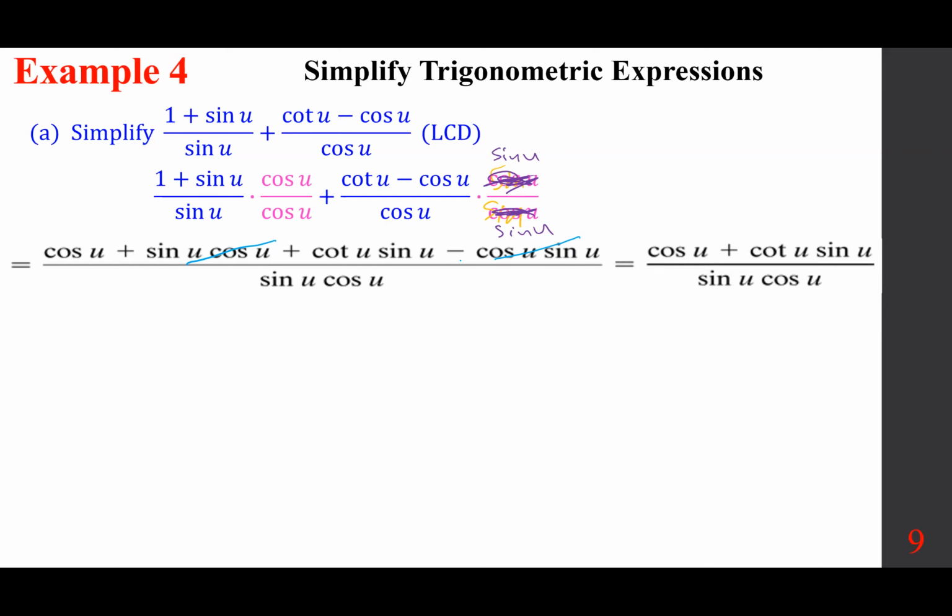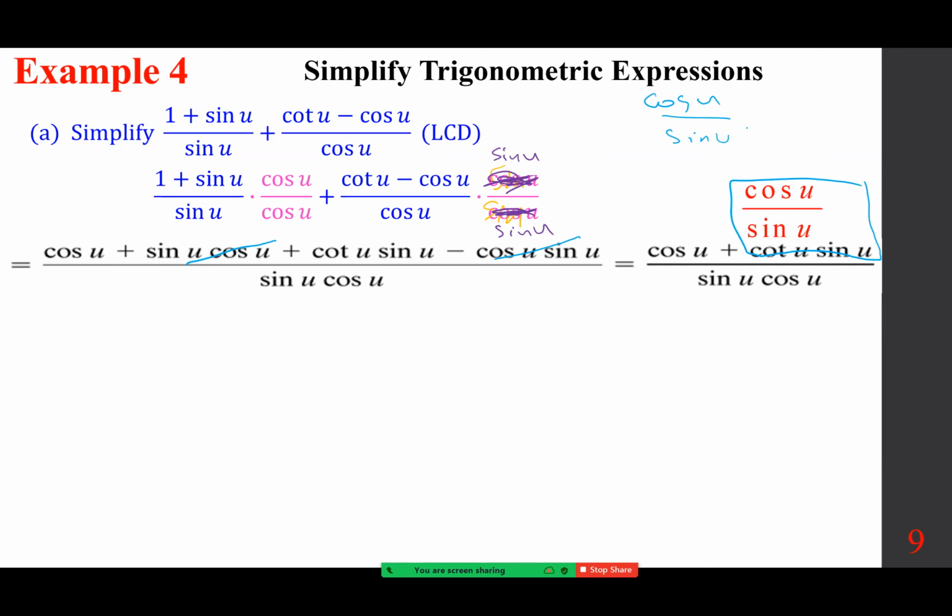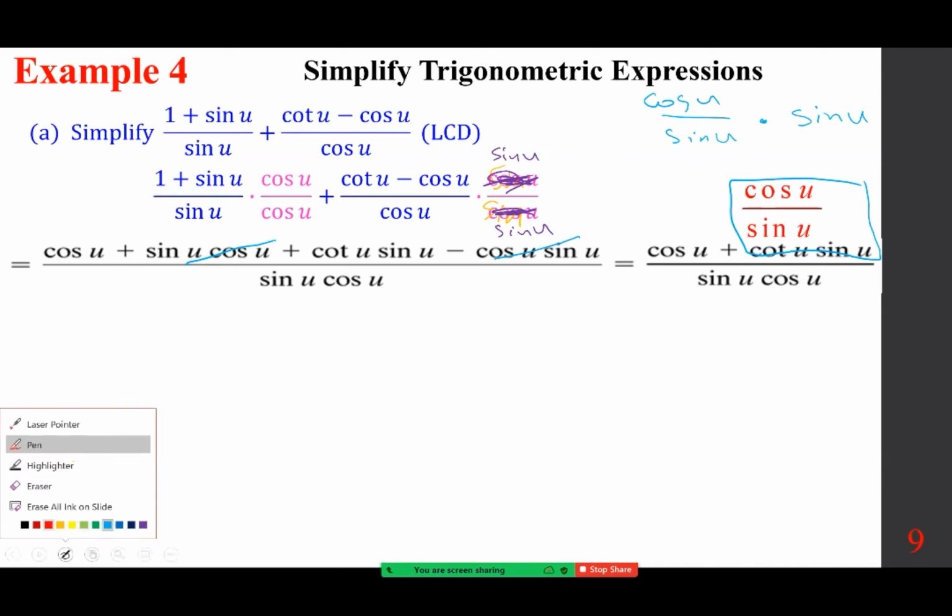We're going to replace the cotangent with cosine over sine. So this part is cosine u over sine u times sine u, which simply becomes cosine u.